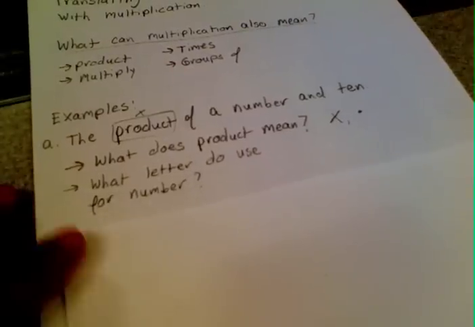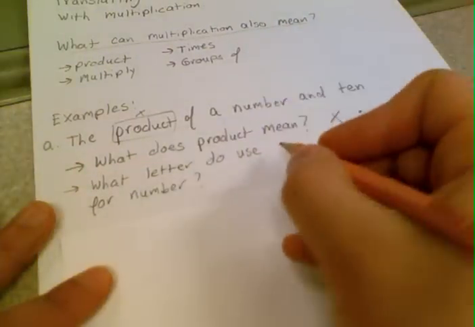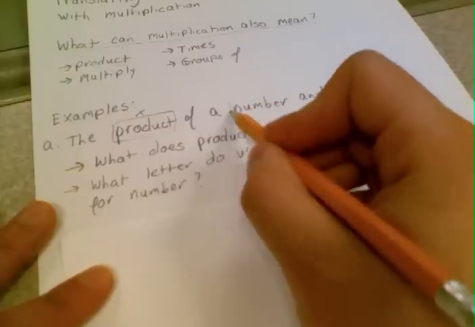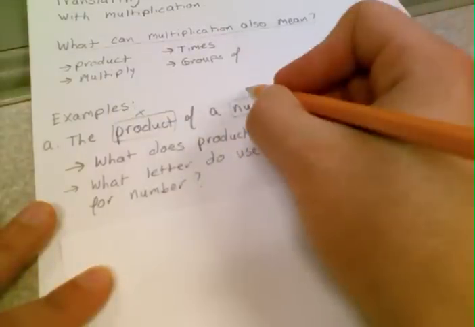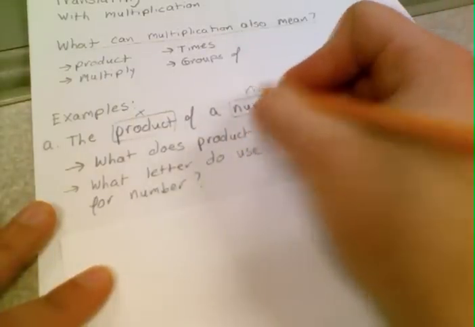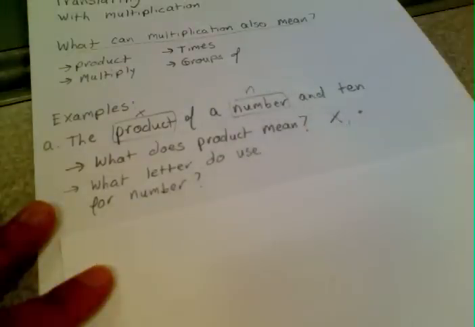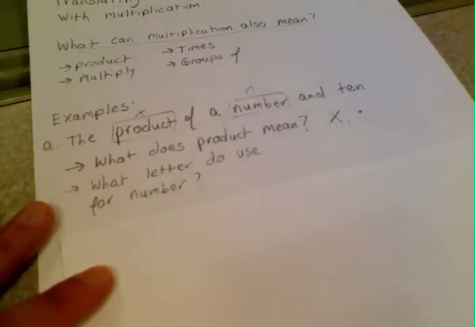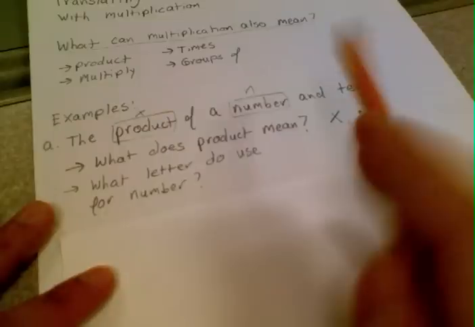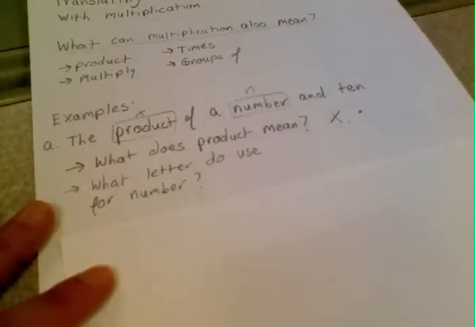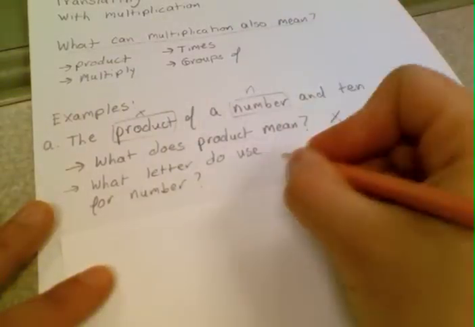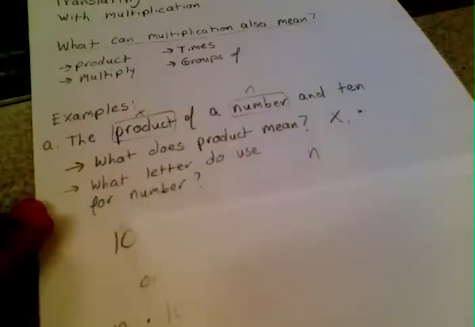Of a number and 10. Again, what letter do we want to use for number? We want to use the letter N. Again, some people are going to use X, some might use Y. It doesn't matter as long as you define your variable there. So for instance, N is going to be our number there. Okay? All right.